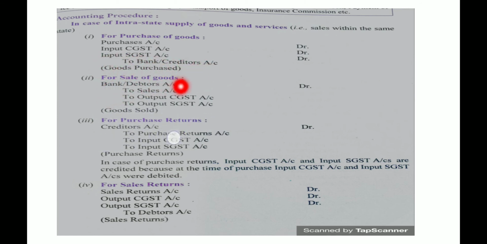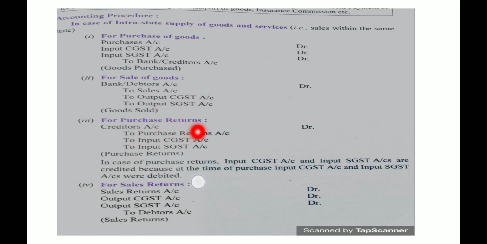For sales of goods: bank account debit or debtors account debit, because if you sell the goods on credit, then the debtors account is debited, to sales, output CGST, to output SGST, because you have sold the goods and collected GST from the customer.